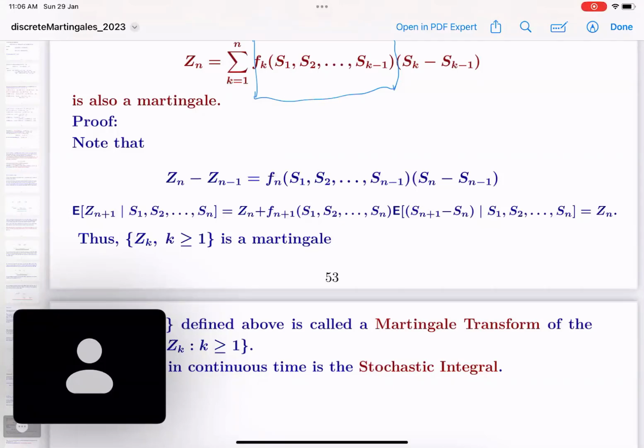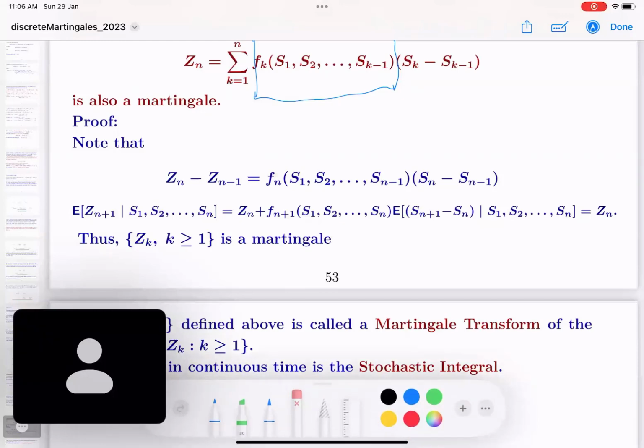So when you take the expected value of the product, this can be pulled out. This should have been Fn plus 1 here. Okay.